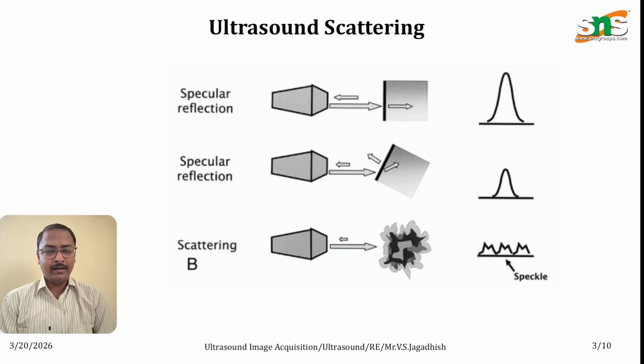And there are also some other reasons for image formation. The first one is specular reflection, when the surface is perpendicular to the direction of the sound waves. You can see that it is a perfectly reflecting, smooth surface, perpendicular to the direction of the sound wave, in the first diagram. So the signal we receive back has greater amplitude.